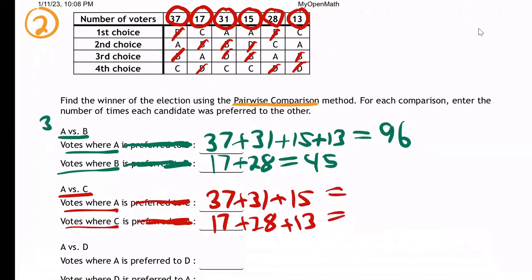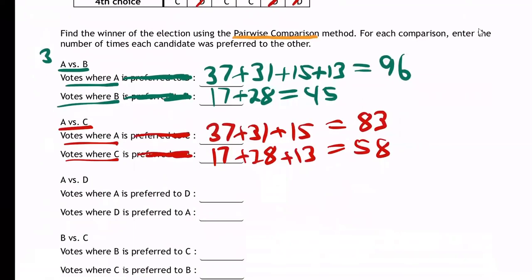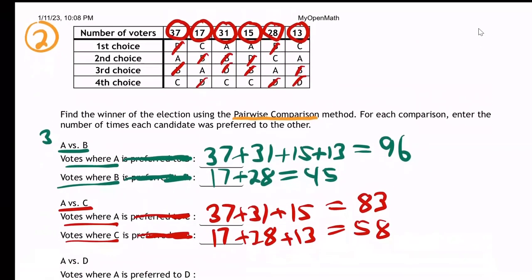Use your calculator. 83, and then 17, 28, 13, 58. Okay, all right, we've got to keep going. This is terribly long and slow. They do all these one-to-one matchups.